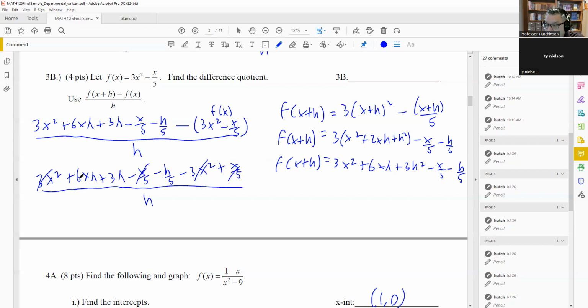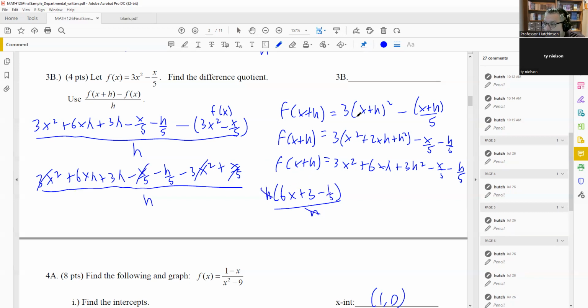Now what you're left with is these three things that all have an h in common. So we'll pull out an h, 6x plus 3, minus, and that's going to be a 1/5 we have left here, because that's like a 1/5 times h. So if you pull out an h, it's going to be just a 1/5 here.